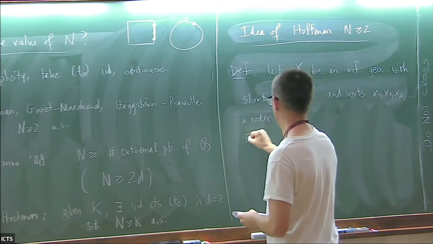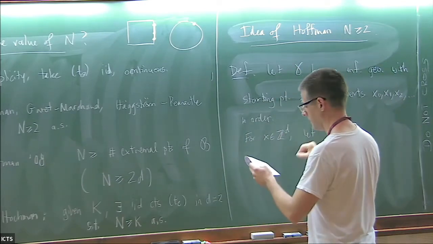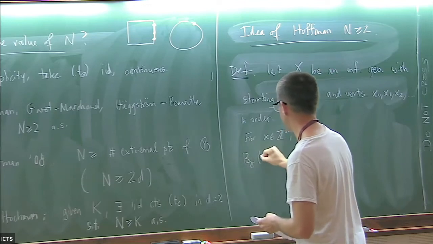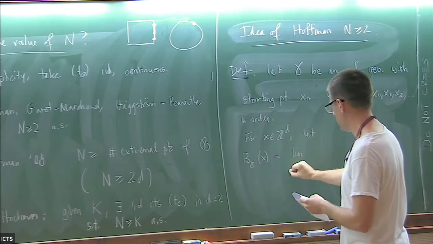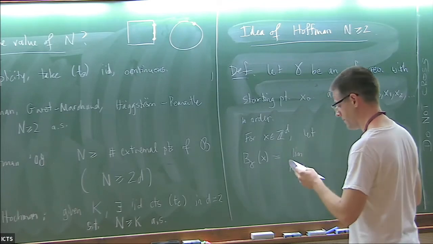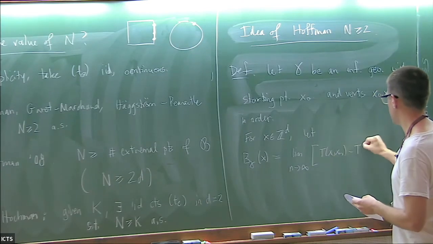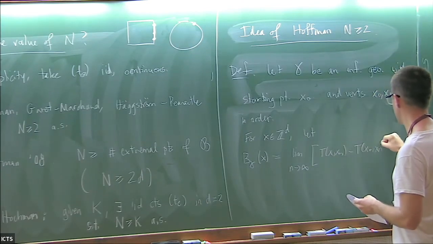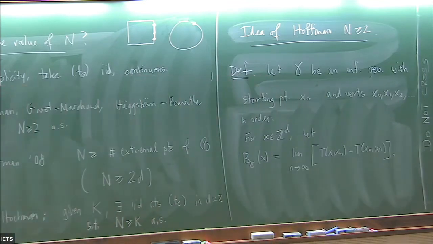Okay, for x in Z^d, we're going to let B sub gamma of x equal the following limit: limit as n goes to infinity of T(x, xn) minus T(x0, xn). My memory is that the actual definition of Busemann function from metric geometry is the negative of this. Not totally sure why I wrote it this way.